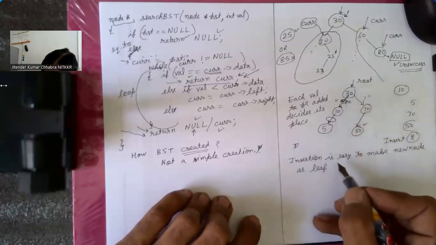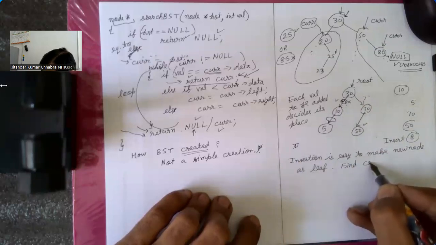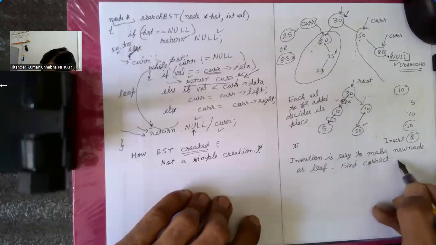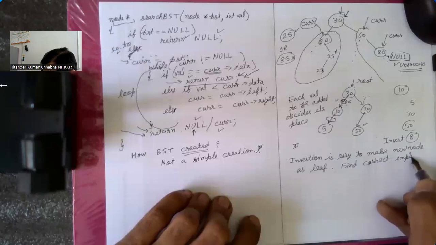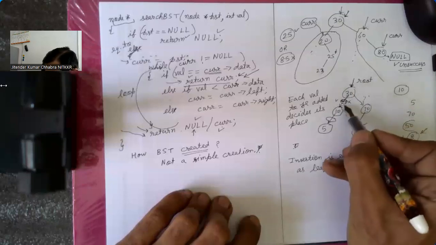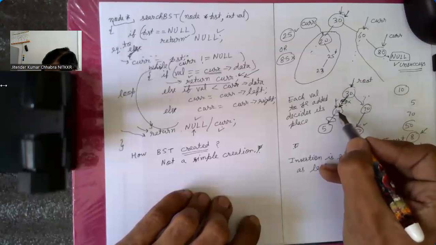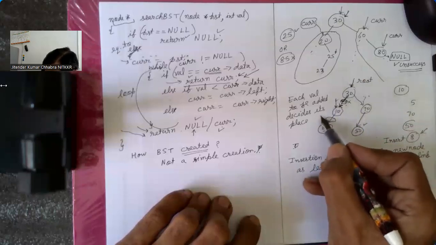Keep on finding the correct place and the correct empty link, and at that place put this node. For example, 8 to be inserted. I say 8 has to be 30's left side, but the left side is not free. So I say go further. 8 has to be 10's left side. Left side is not free.